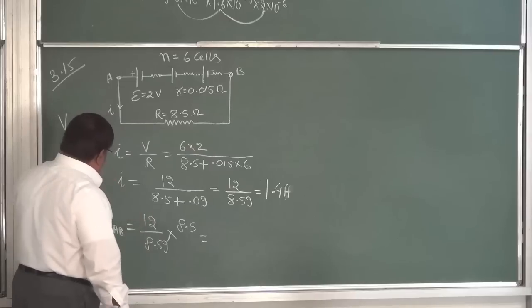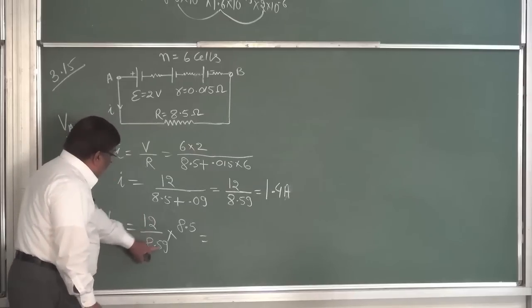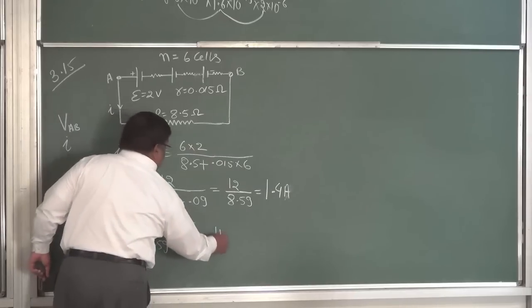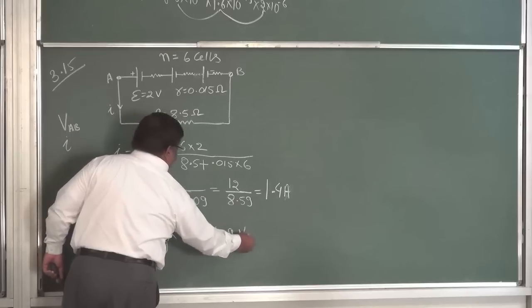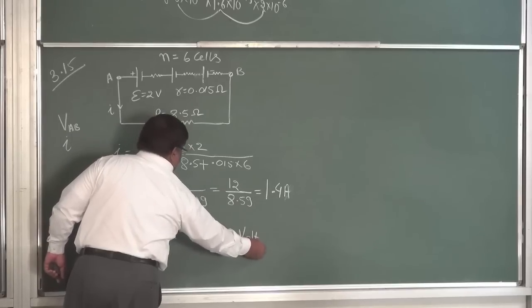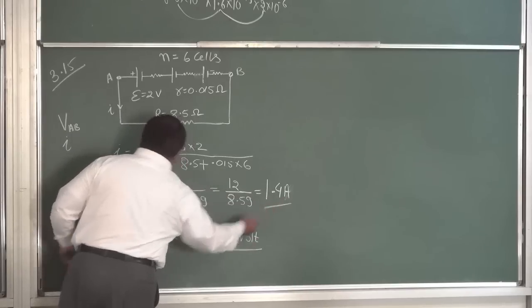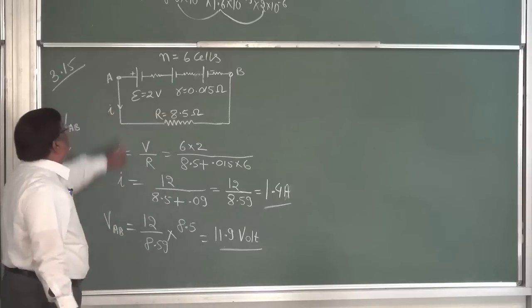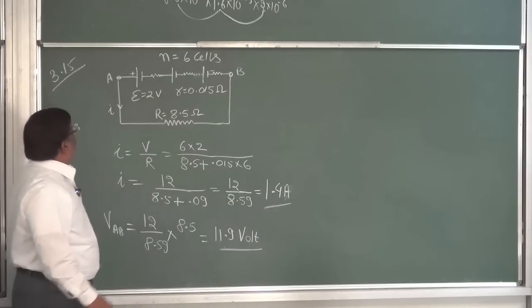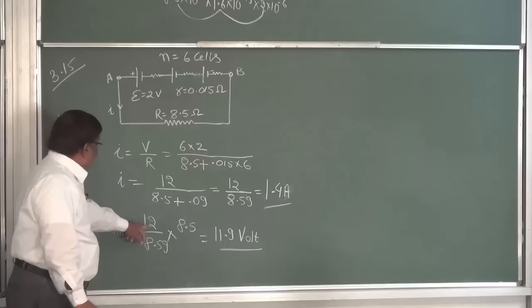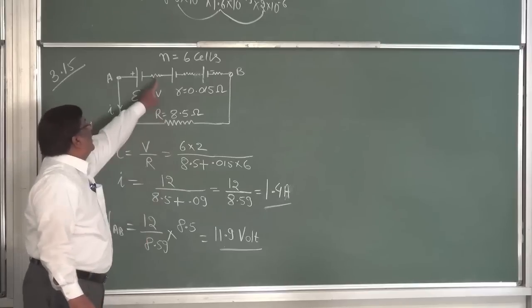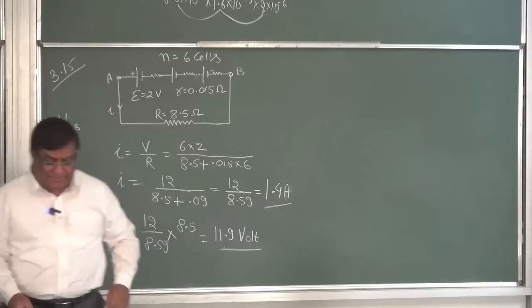And when you solve this, it comes to be, it's very close, 11.9 volt. So these are the two answers, current and terminal potential difference. So terminal potential difference is slightly less than 12 volt because of the internal resistances.